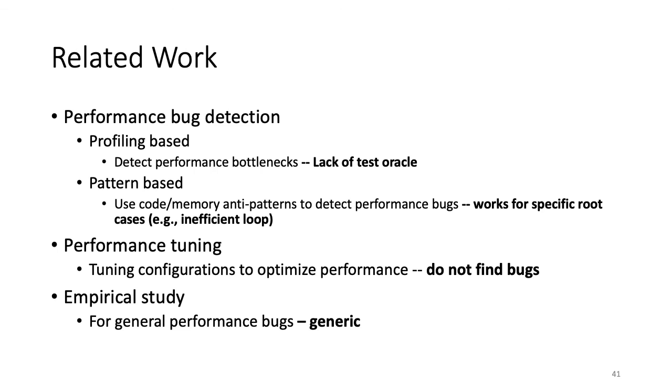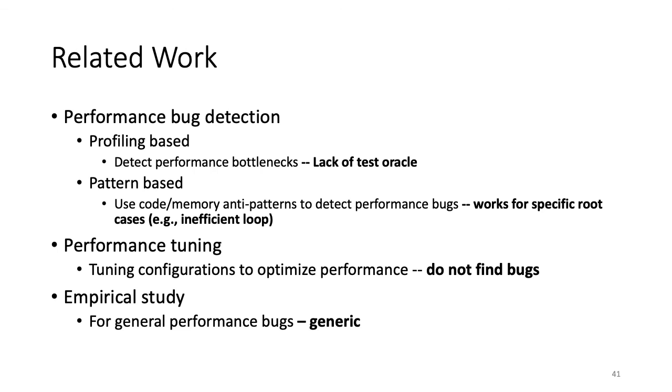Okay, there are plenty of works that target detecting performance bugs. They can be classified into two groups. One group of work uses profiling-based methods to find the performance bottlenecks, but does not have a test oracle. The other group uses some anti-patterns to detect performance bugs. They usually target specific types of bugs.